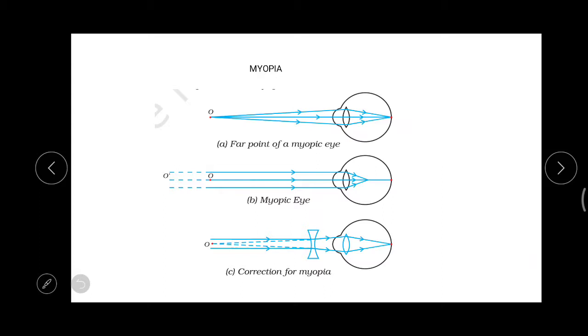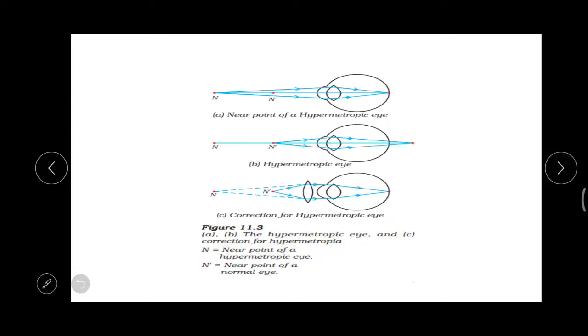Now let us come to hypermetropia, the second defect. Hypermetropia is known as farsightedness. That means a person with hypermetropia cannot read or see the things which are at the near point of a healthy person, that is at 25 centimeters.